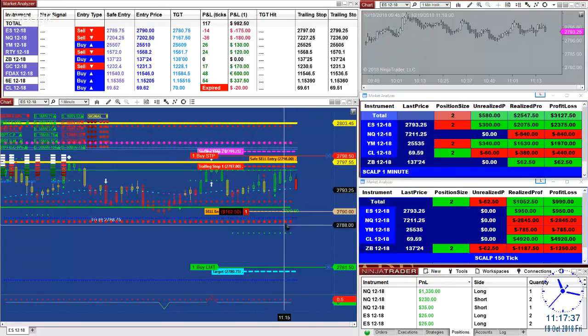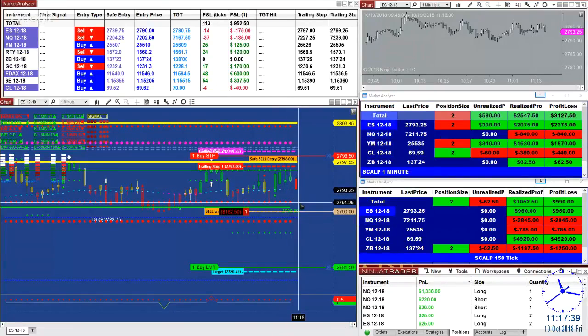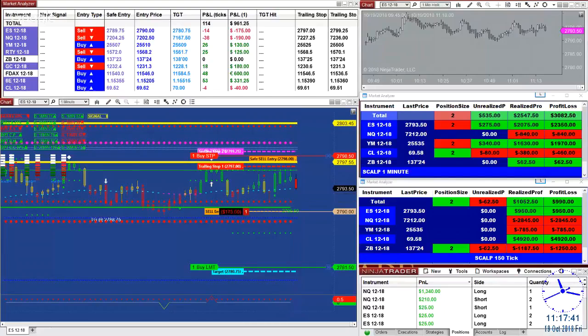We're coming again to the same support area at 91.25. So you can scout the market, swing trade the market.